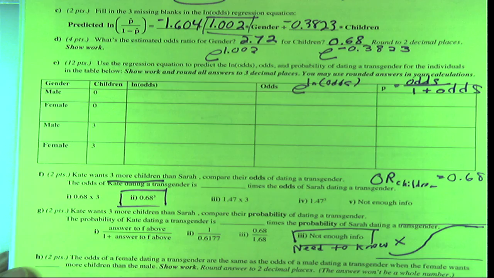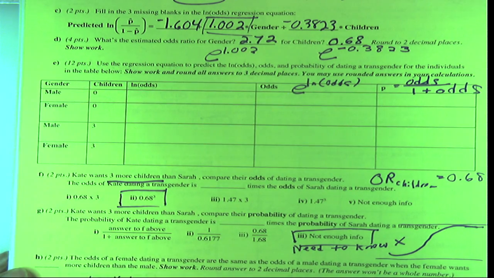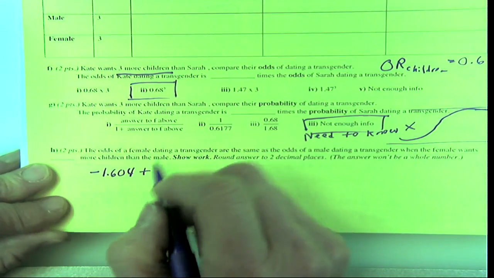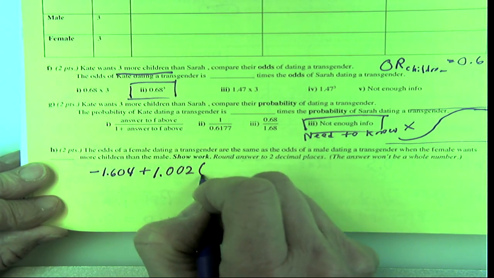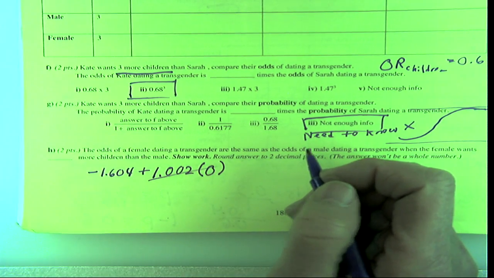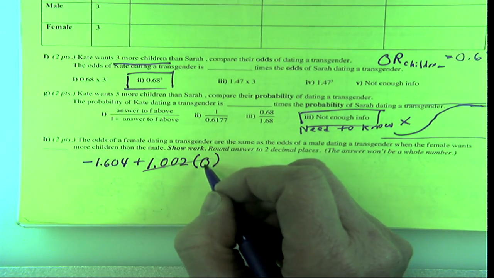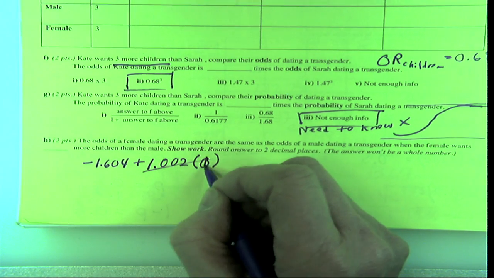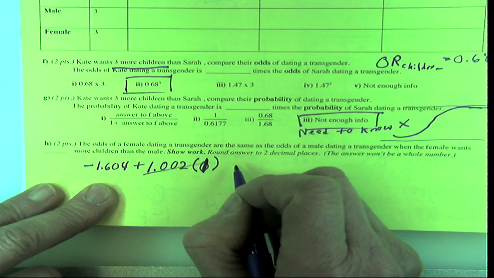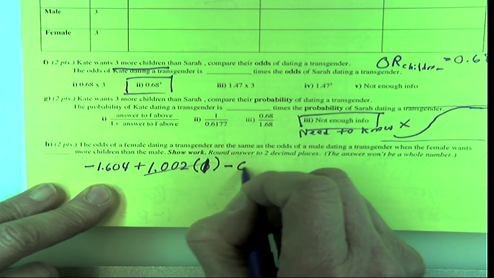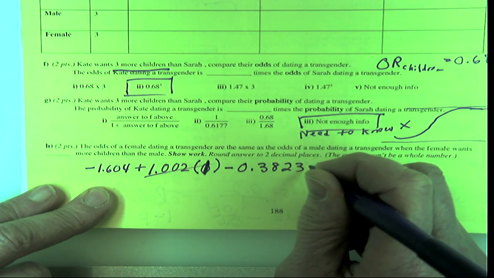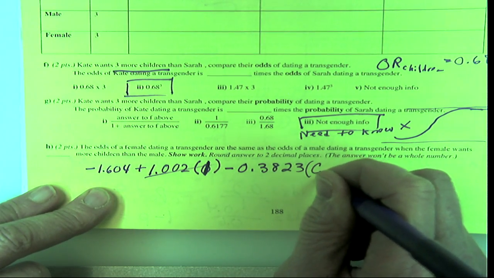So for men, we have what? Negative 1.604 plus 1.002 times gender, which is 0 for men and 1 for females. I'll do the females first, and then minus 0.3823 times the number of children for the females.